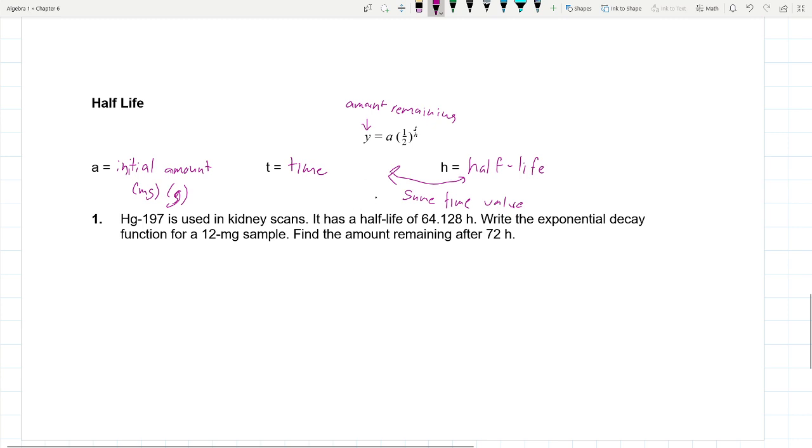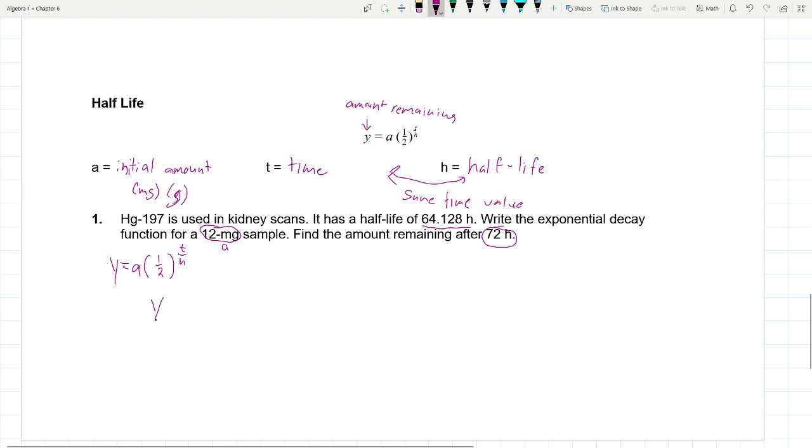All right. So setting this up, y equals A times (1 over 2) to the t over h. I need to find my amount: 12 milligram sample, that tells me my A value. The amount of time we're working with is 72 hours, and the half-life is 64.128.